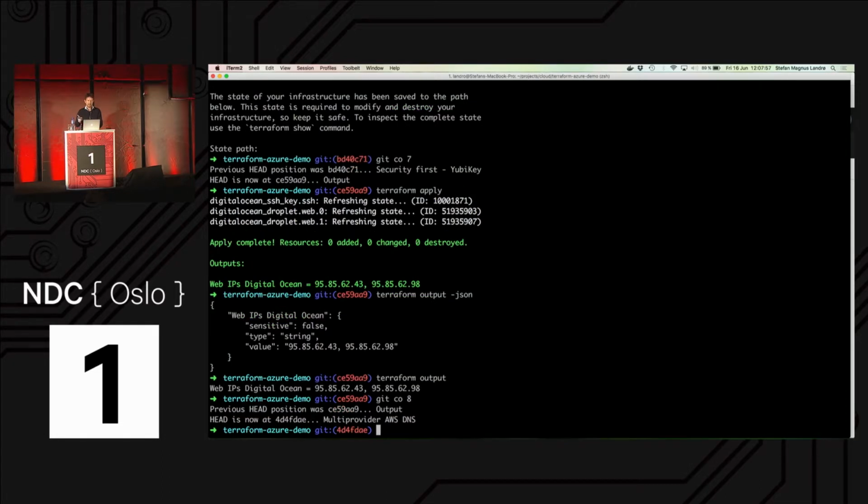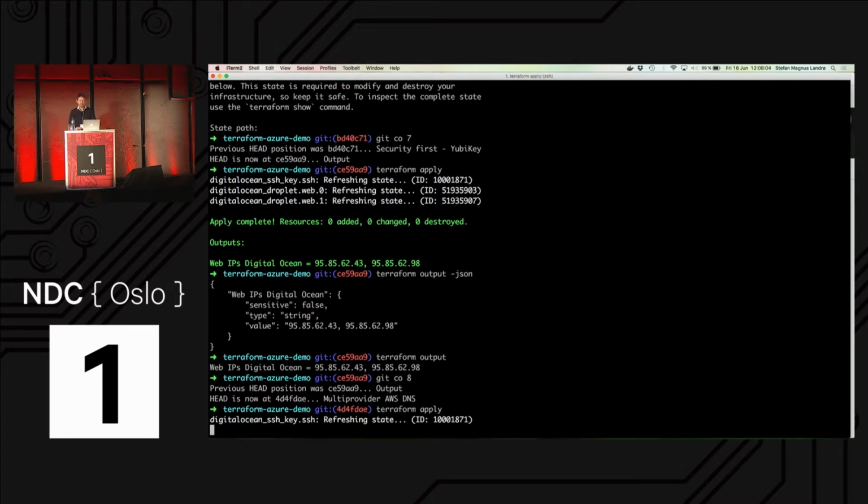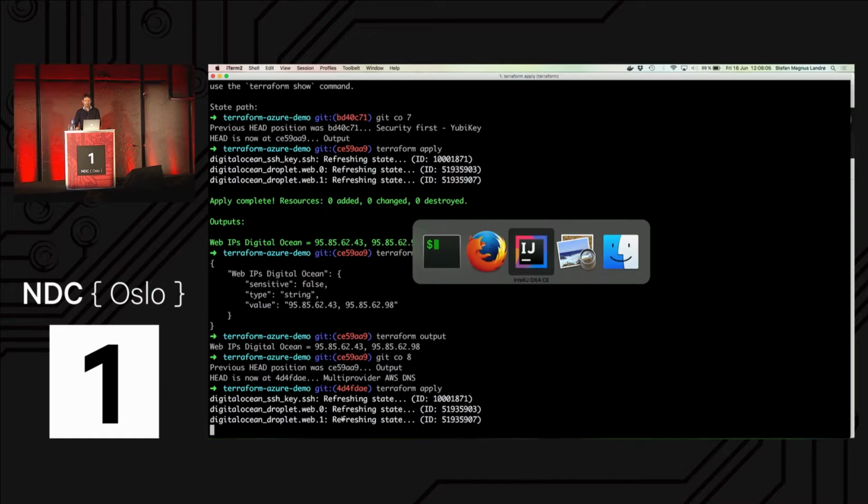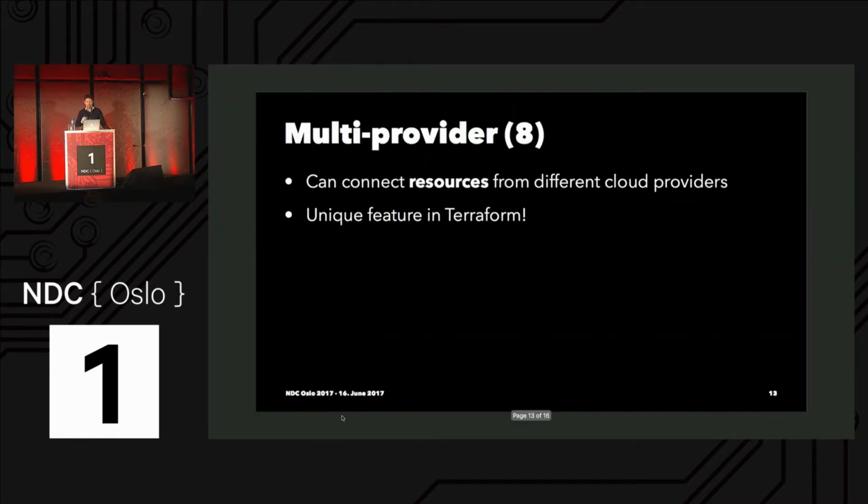Okay. Now I'm going to throw in some Amazon stuff. I'll kick that off. So the unique thing about Terraform is you can combine resources found with different cloud providers in one big infrastructure. That's pretty unique.